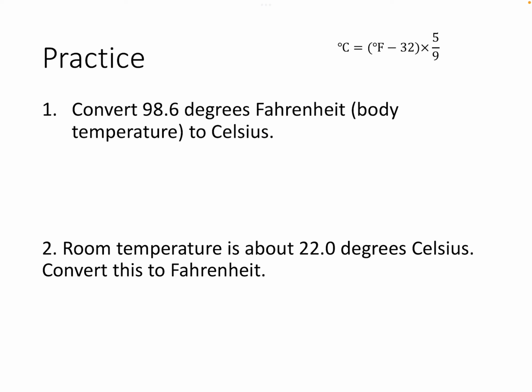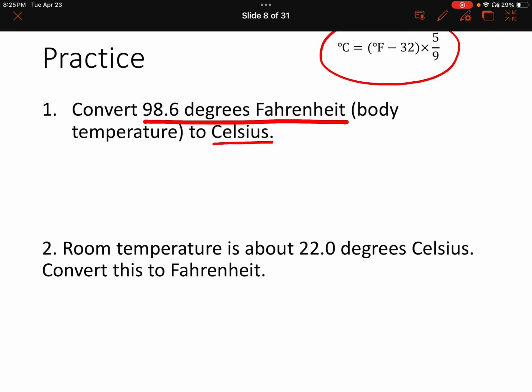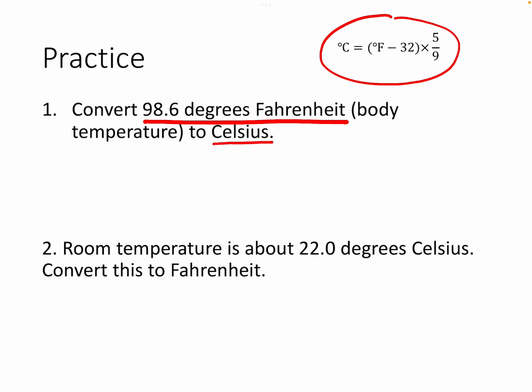Okay, so let's start with the first problem. So we're trying to convert Fahrenheit into Celsius. So we're going to use this equation up here. We're just going to plug in our value of Fahrenheit into this equation.